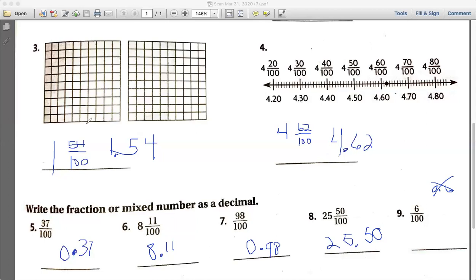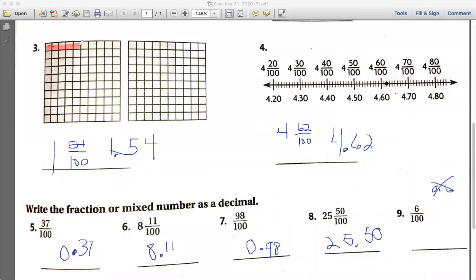That would mean you would shade in all of this because you would have 10, 20, 30, 40, 50, 60. It would look like this. See if I can do it here. Okay, it would look like this. One, no, I want the bigger one. There we go. It would look like this.